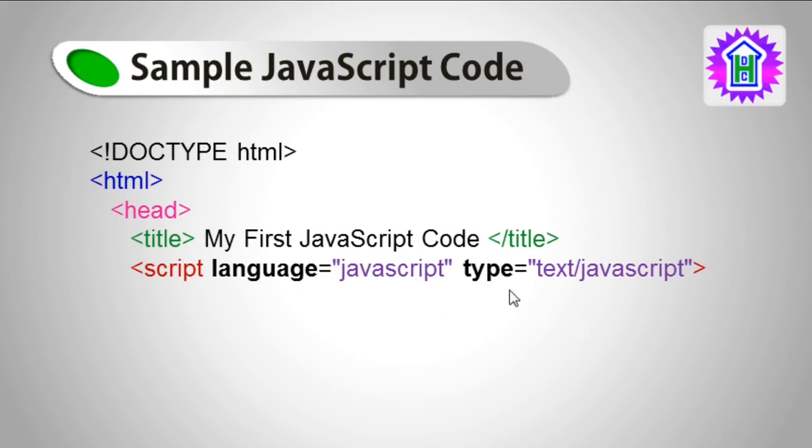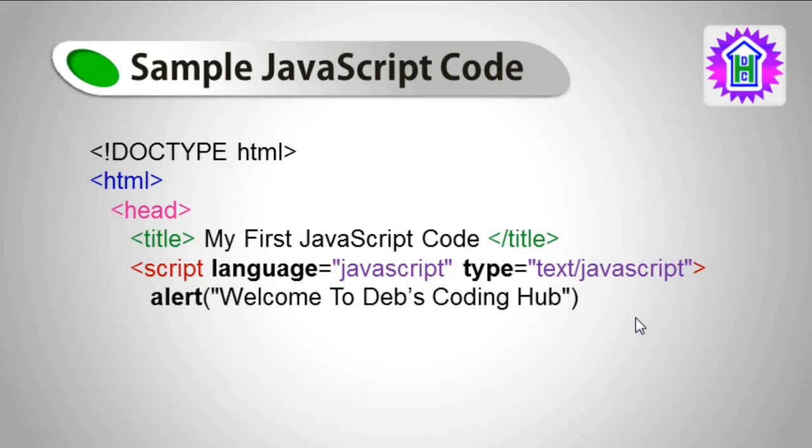Remember, the second attribute, type, is used nowadays. The language attribute is deprecated. So we will not use language furthermore. Now we have written both the attributes. Most of the browsers ignore this particular attribute called language. So if I write script type text/javascript, it will be okay.